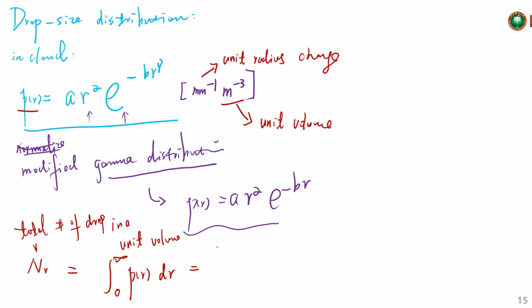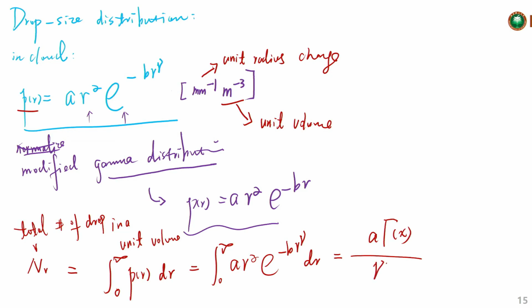We take the expression inside, n(r) = A times r to the power gamma times e to the power minus B r, dr, and we get the expression Gamma function of x, where x equals gamma plus 1.